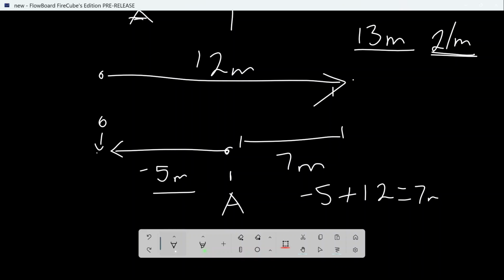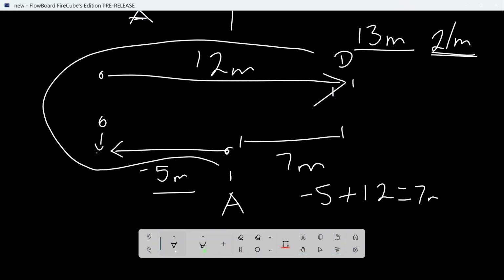So how far did it roll to get here, to maybe position D, from position A to position D? Well, it rolled 5 meters, then it turned around and rolled another 12 meters. So we're not going to take this as a negative, we're just going to say it rolled 5 meters, then it rolled another 12 meters, which will be 17 meters. So it has covered a total distance of 17 meters.